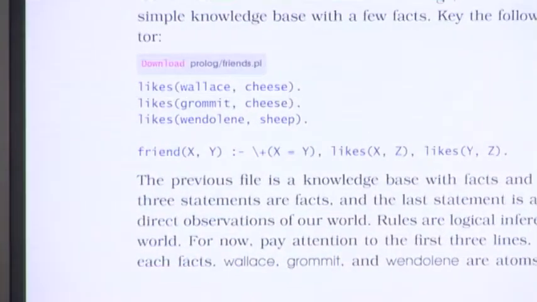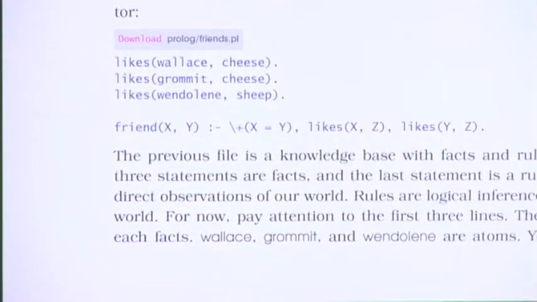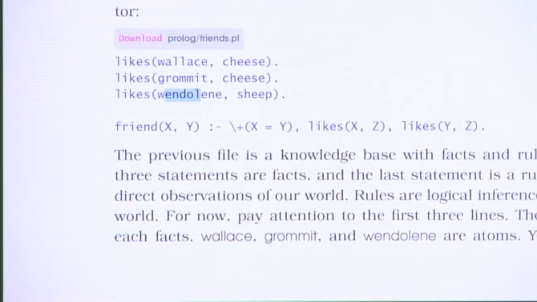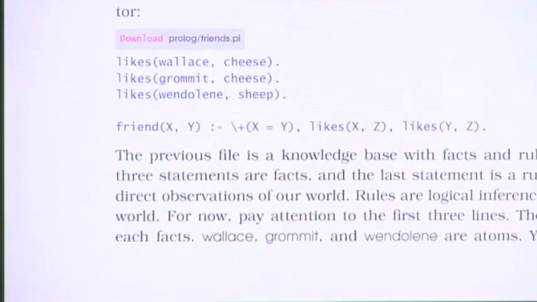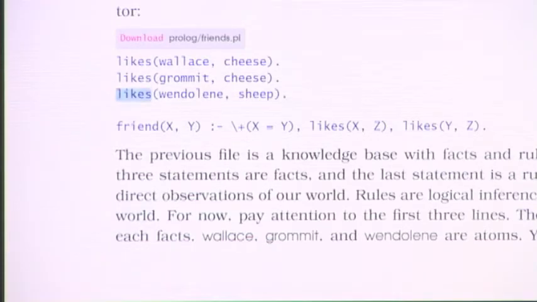In the first example here, we've got just a couple of definitions of facts. Wallace likes cheese, Gromit likes cheese, and Wendolene likes sheep. When you read Prolog statements, they're typically the name of the fact first, and then the parameters. So, Wendolene likes sheep.